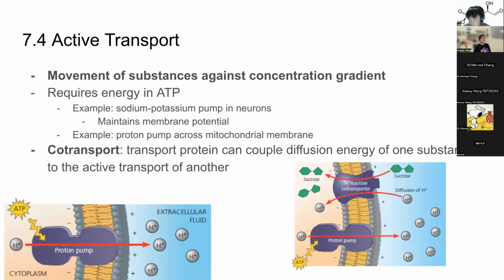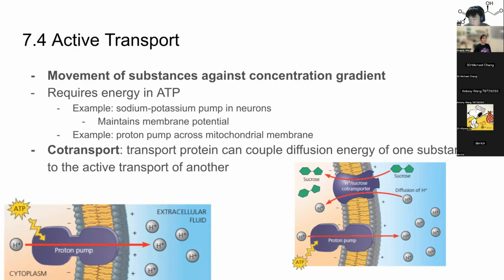The other type of transport is active transport, which is the movement of substances against the concentration gradient. This requires energy and ATP since you are moving things against their concentration gradient, in the way that they do not want to go. An example is the sodium potassium pump in neurons, which helps maintain the membrane potential.